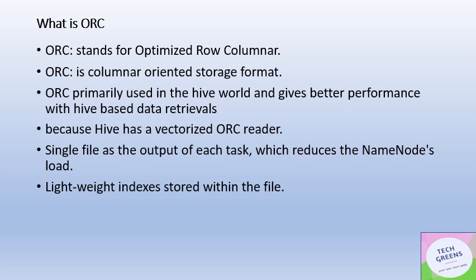If only one file is produced out of each task, the load on the name node is reduced, and thus metadata retrieval to do any kind of read and write on the HDFS becomes faster.